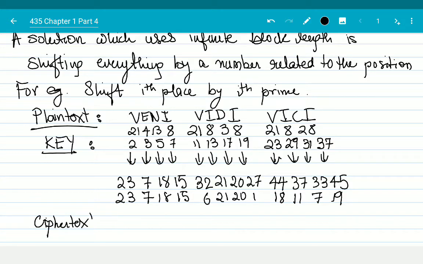And the ciphertext then becomes X H S P G V U B. 23 is X, that's right. 44 is 18, so this is S. 11 is what?